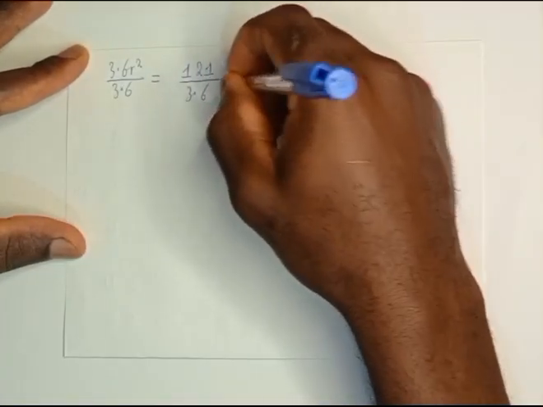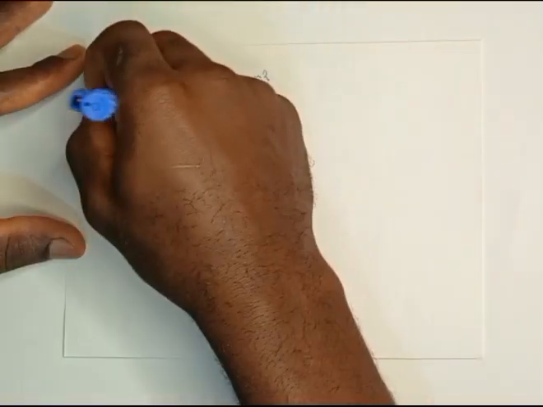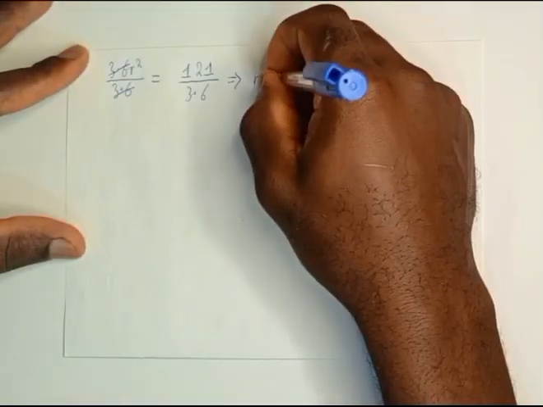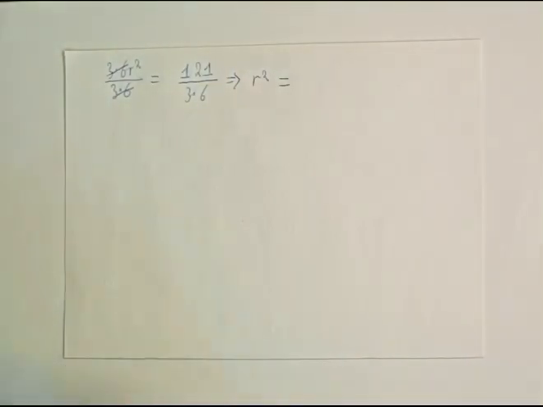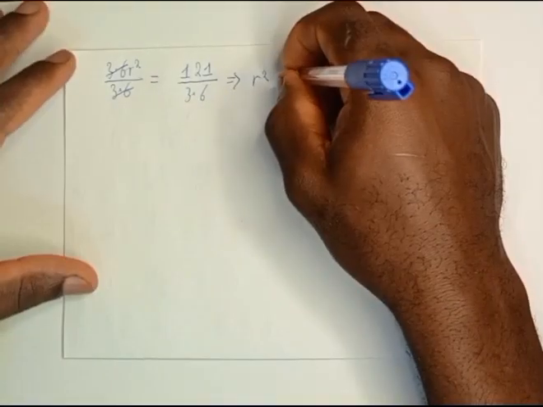This will imply that r squared will be equal to, we have to divide 121 by 3.6, and this will give us 33.6 to 1 decimal place.